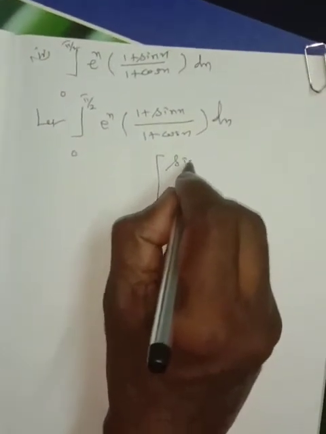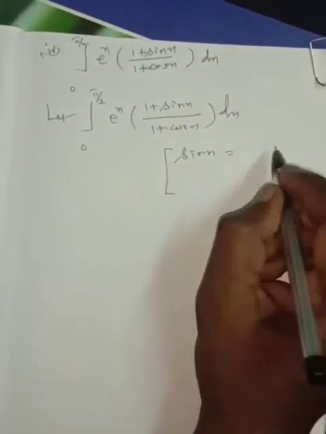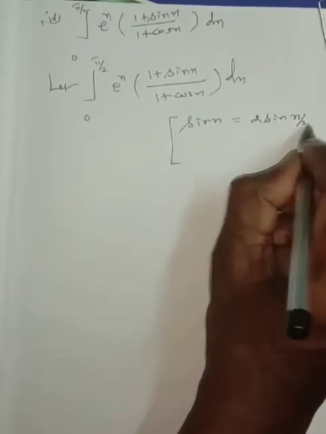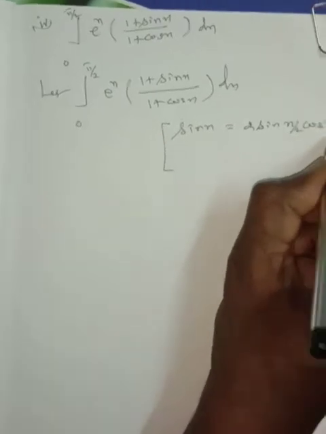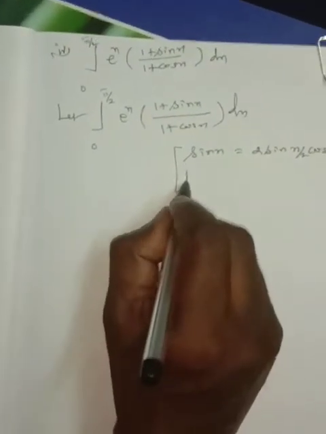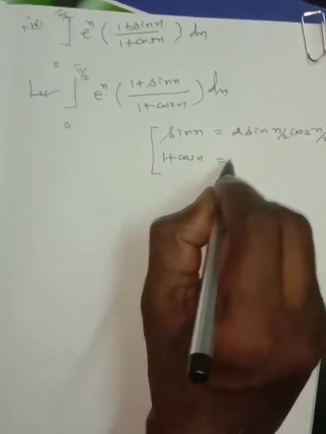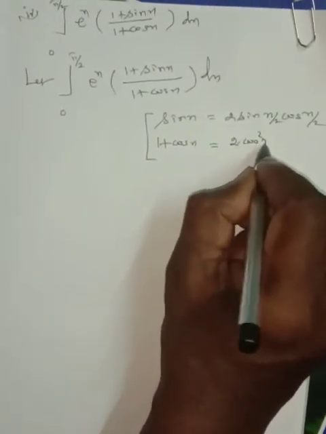Sin x is equal to 2 sin x by 2 cos x by 2, trigonometric form. 1 plus cos x is 2 cos square x by 2.